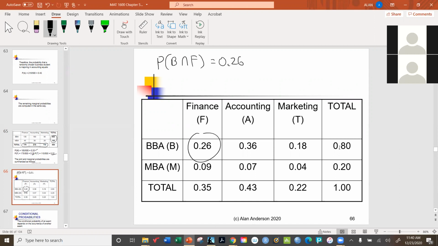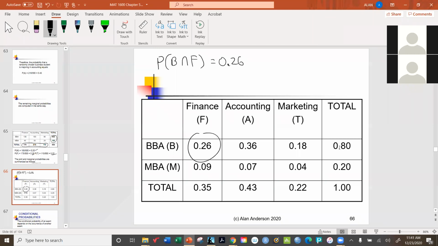You don't have to do any dividing. So this chart has the advantage that all these numbers are already probabilities. The drawback, though, is that we don't know the actual totals. In other words, if I need to know the actual number of students in this category, I won't find it on this table. Okay, all I know is that 26% of the total is getting a bachelor's degree in finance.